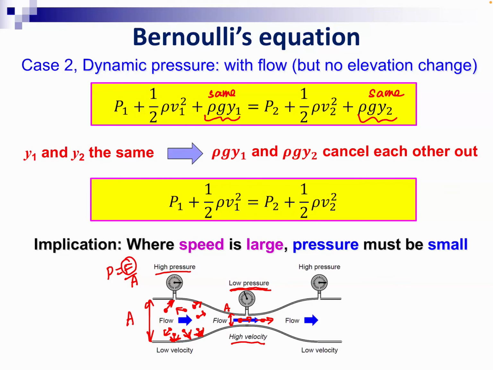And if I blow faster, so small air speed versus fast air speed, in which case did the paper move more? In the second case. Why?